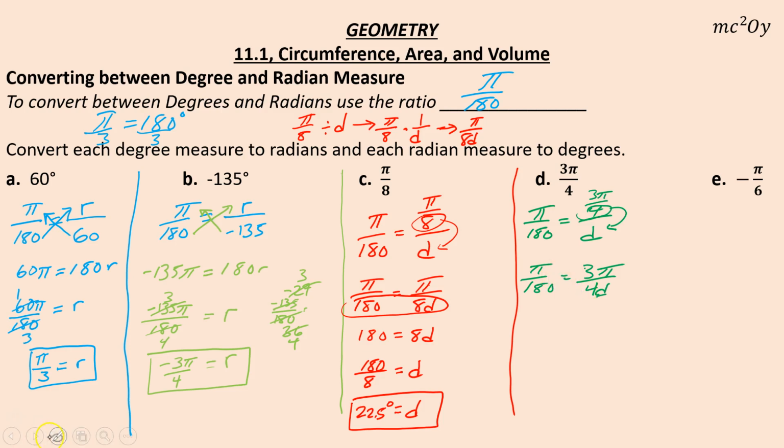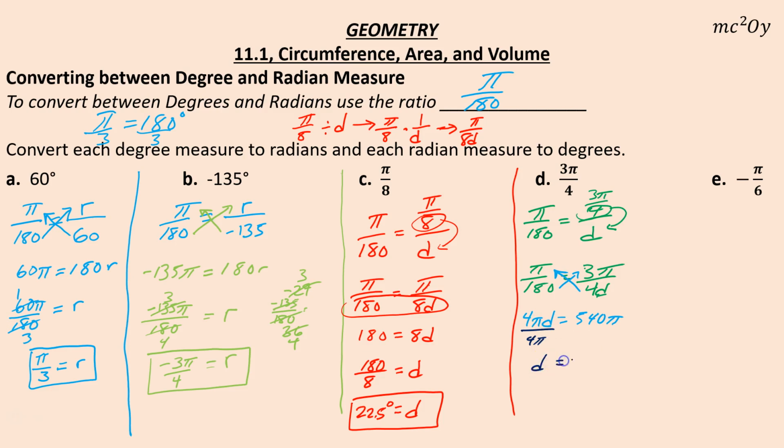Okay, so let's switch up our colors here. So we got 4 times pi times d is equal to 180 times 3 is 540 times pi. Divide both sides. Okay, so we're going to divide by 4 pi, and that's going to cancel.